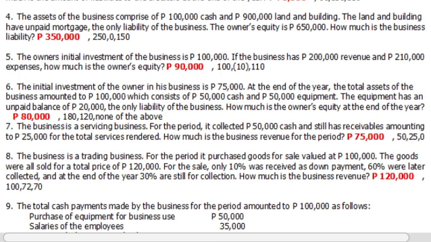Number 5. The owner's initial investment of the business is 100,000. If the business has 200,000 of revenue and 210,000 of expenses, how much is the owner's equity? So sabi sa problem, meron daw tayong beginning capital or initial investment of 100,000.